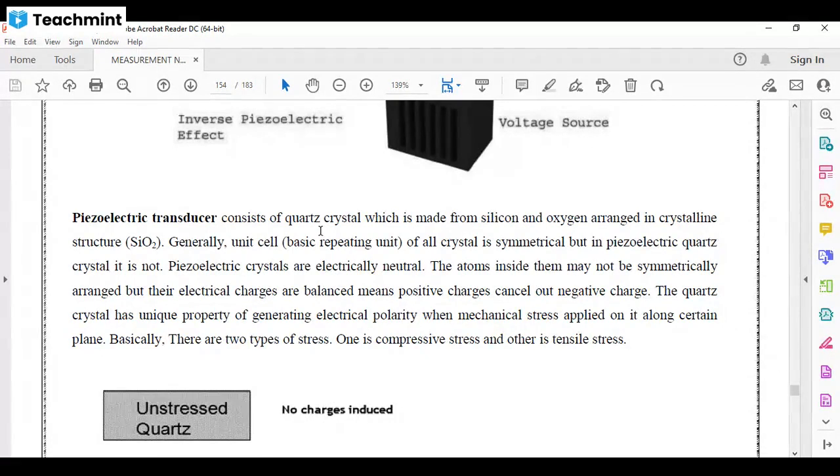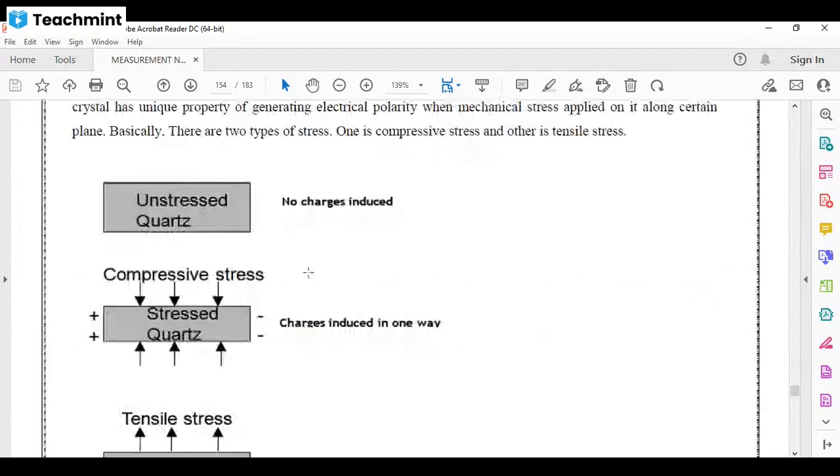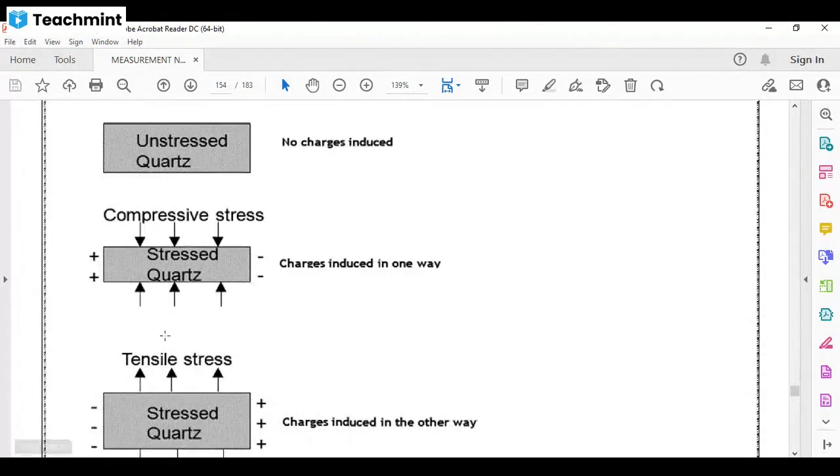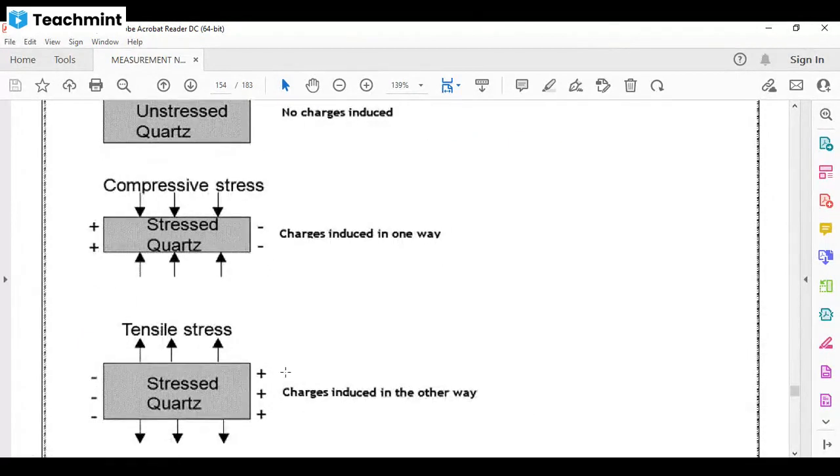One is compressive stress and another is tensile stress. So generally two stresses act. First one is the compressive stress and second one is the tensile stress. So compressive stress is the compressed one, and this is the tensile stress. Positive charge is induced on one side and negative charge on the other.